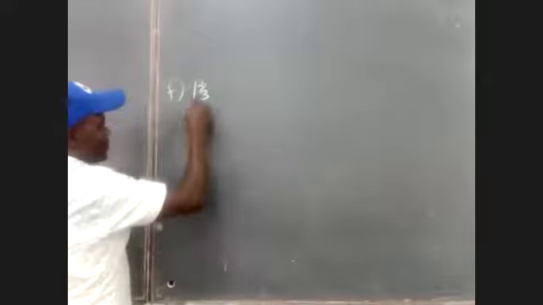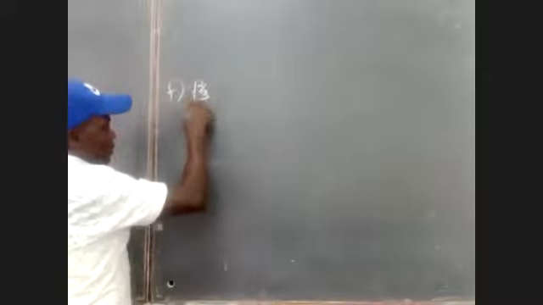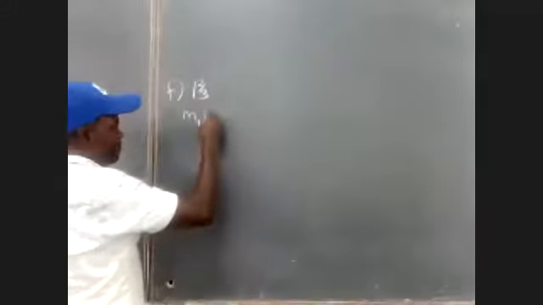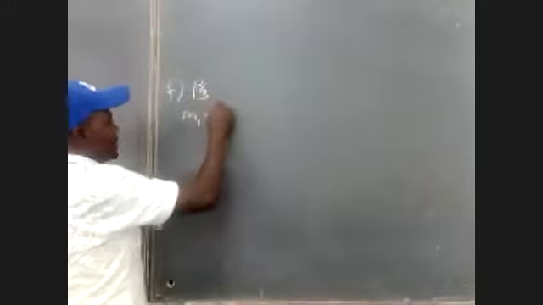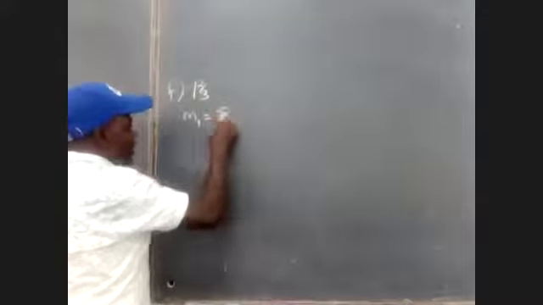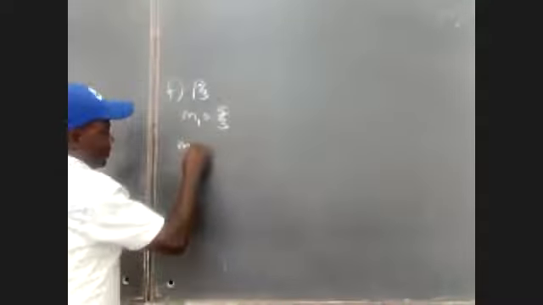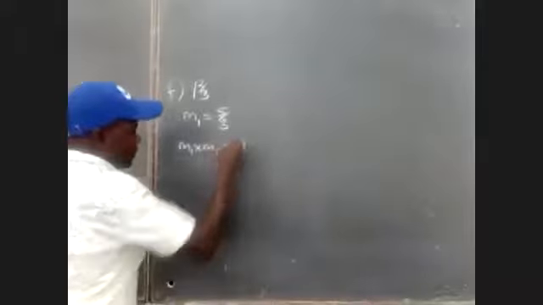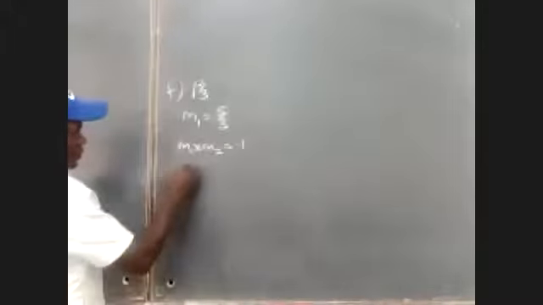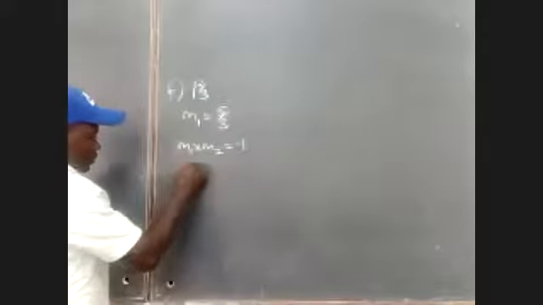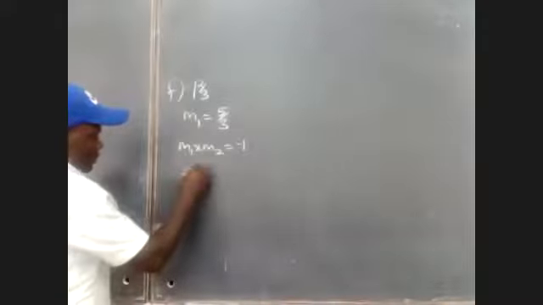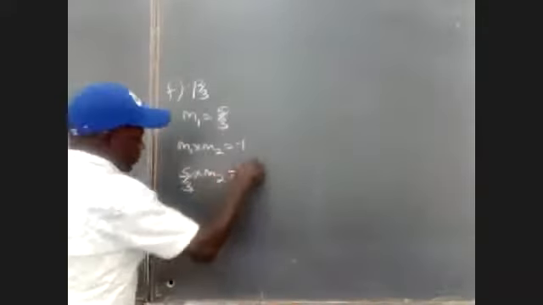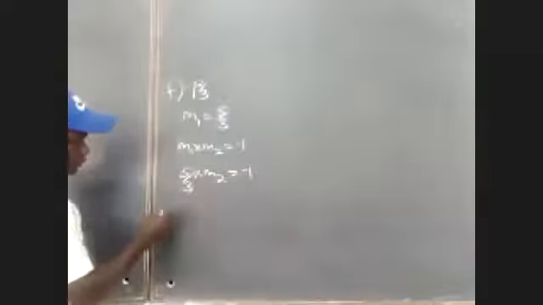So we first change it to an improper fraction. 1 times 3 plus 2 out of 3. So that will be 5 out of 3. Then we say M1 times M2 is equal to negative 1. Then we substitute M1: 5 out of 3 times M2 equals negative 1. Then we multiply by 3 on both sides.